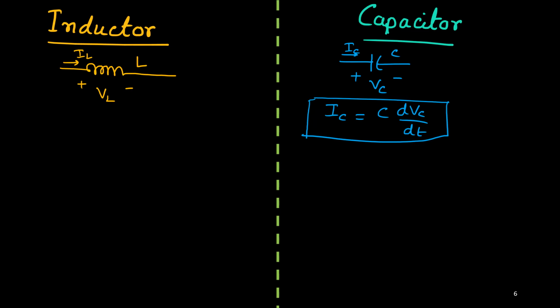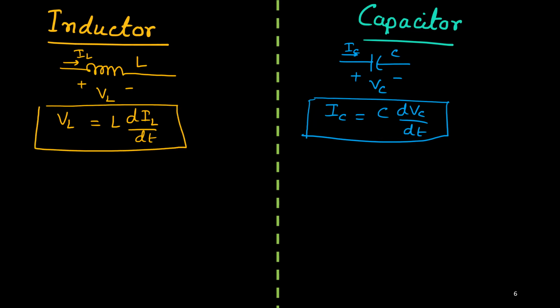Now here V_L is proportional to the derivative of I_L, so V_L equals L dI_L/dt. Whenever there is a change in current, then voltage will develop across the inductor. Okay, so these two are important concepts.